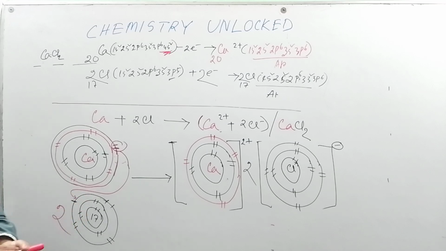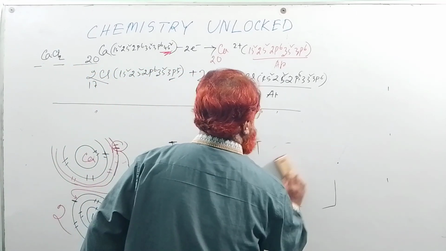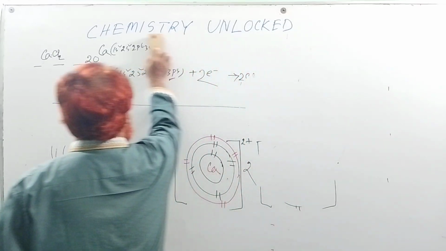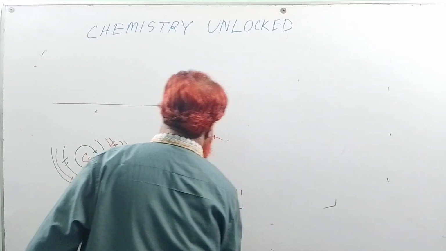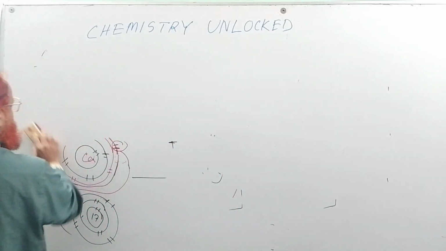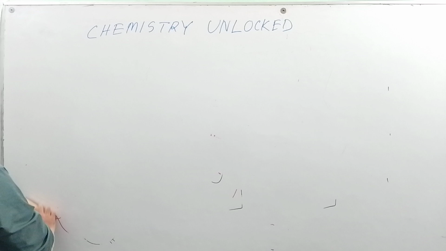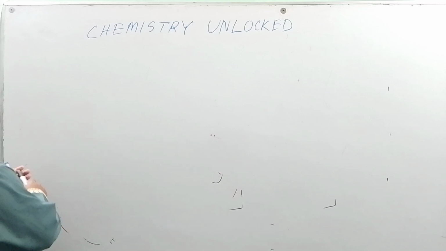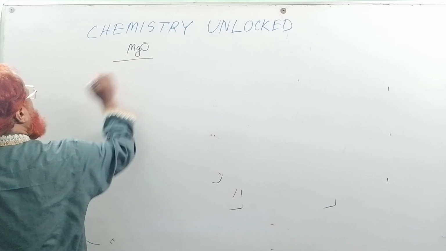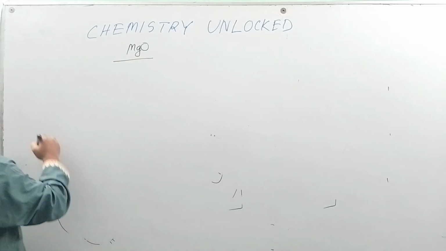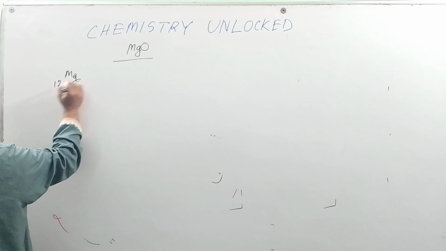Okay. Now another example. Magnesium oxide, MgO, magnesium oxide. Magnesium, 12.